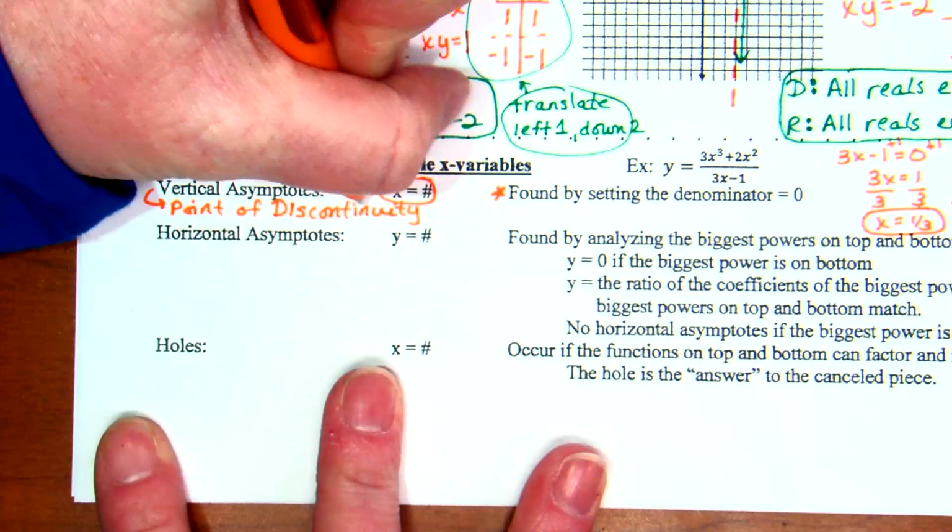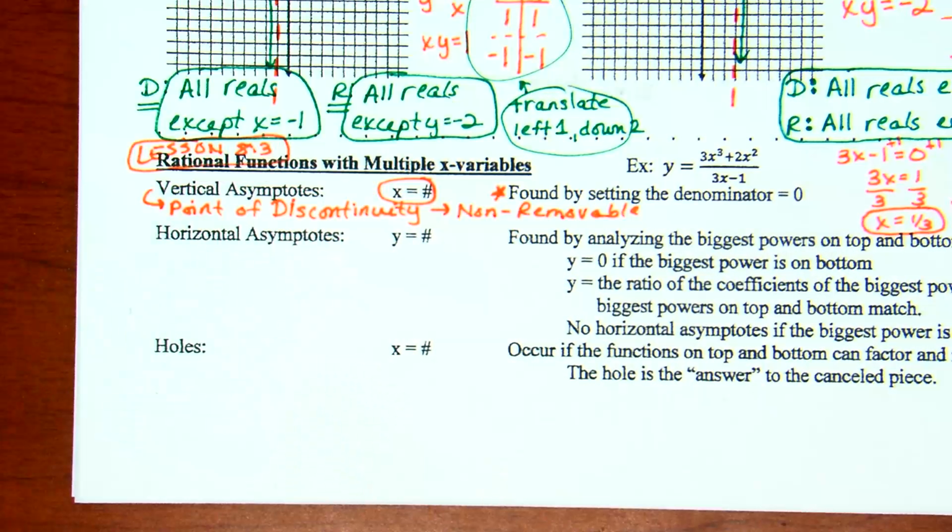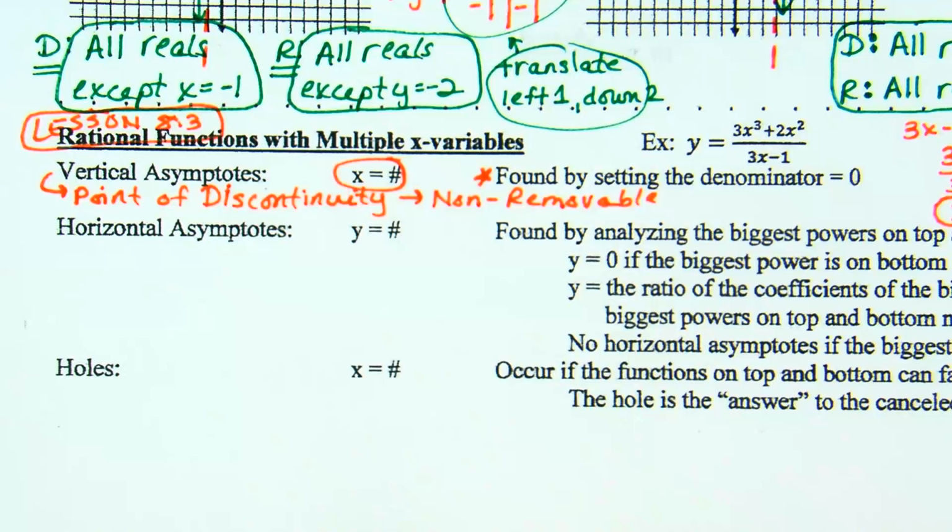Non-removable, I like to think of it as non-fixable. With an asymptote, there's a big break in the graph. It's not like you can just put it back together. It's non-removable. I'll let you get that written down.